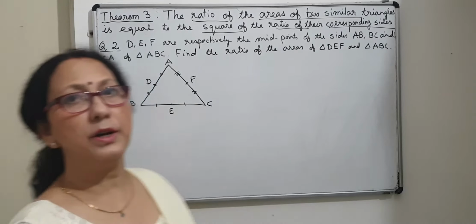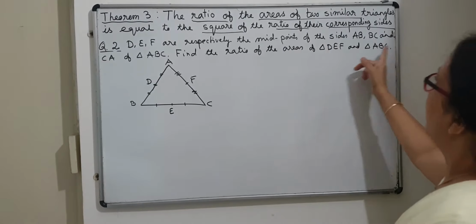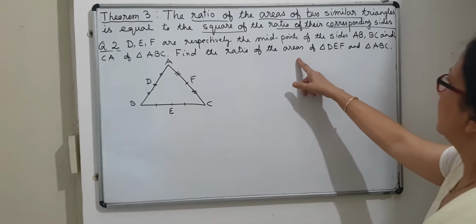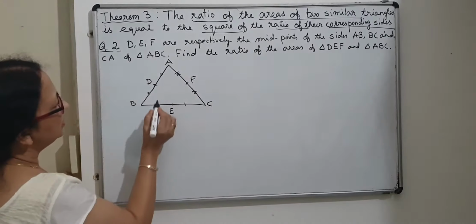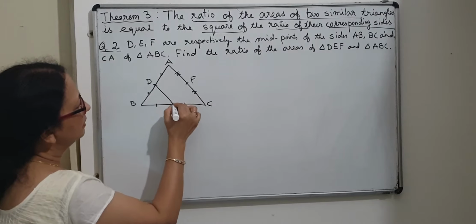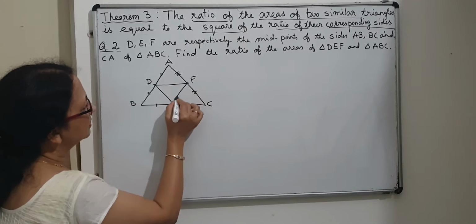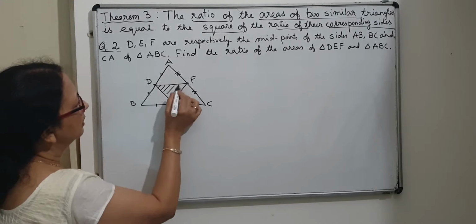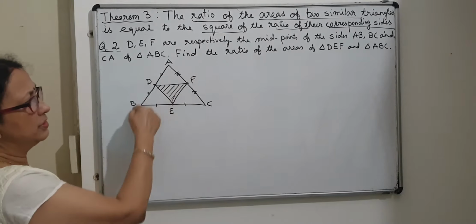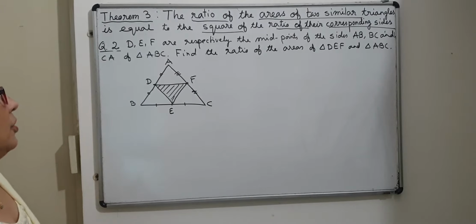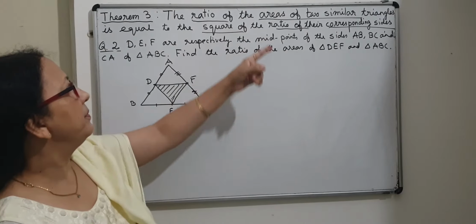So these are given to us. Find the ratio of the areas of the triangles DEF and ABC. So let me join DEF. So this is the triangle. You have to find the ratio of the area of this triangle to this whole triangle. So obviously we have to use this theorem.